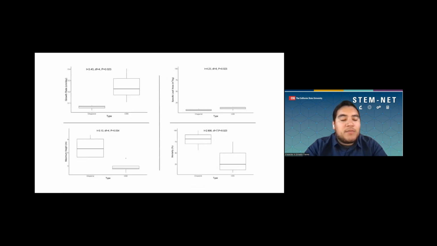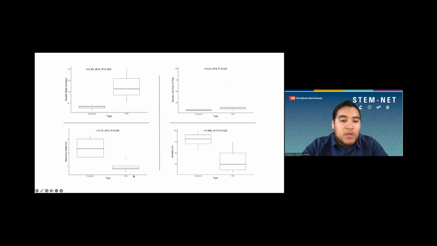We also see between species that coastal sage scrub typically had a significantly higher growth rate compared to chaparral. Also, coastal sage scrub had significantly higher specific leaf area than chaparral.